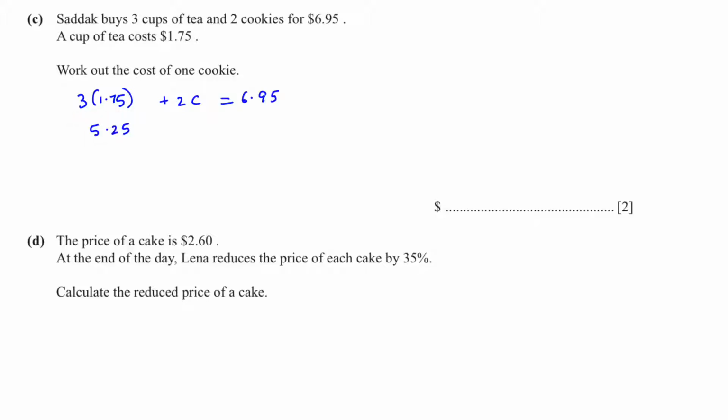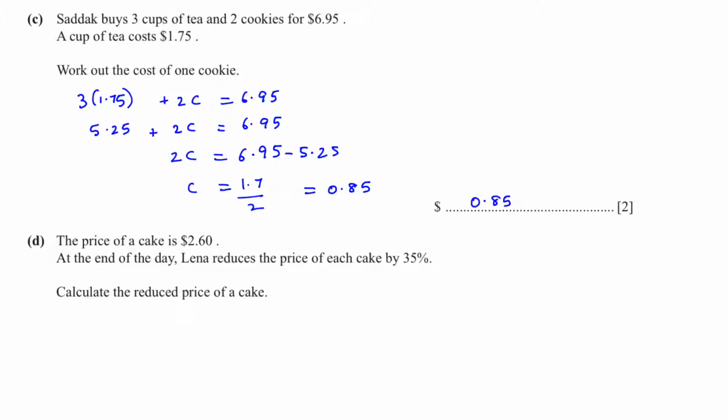This when you multiply it will give us 5.25 plus 2C is equal to 6.95. 5.25 will bring to the other side, it will become negative 5.25. So 2C is equal to 1.7, C is equal to 1.7 divided by 2. This is a multiply. When I bring it will be a divide. $0.85 is the cost of one cookie.